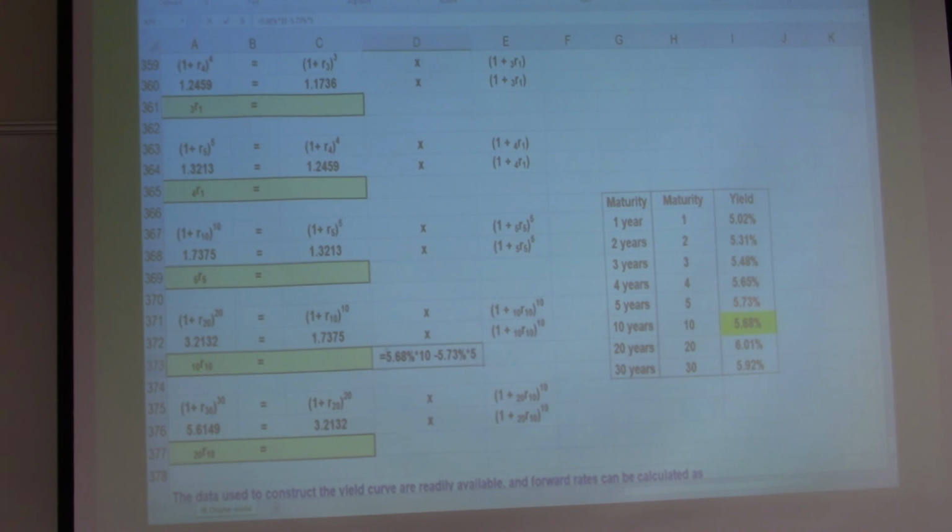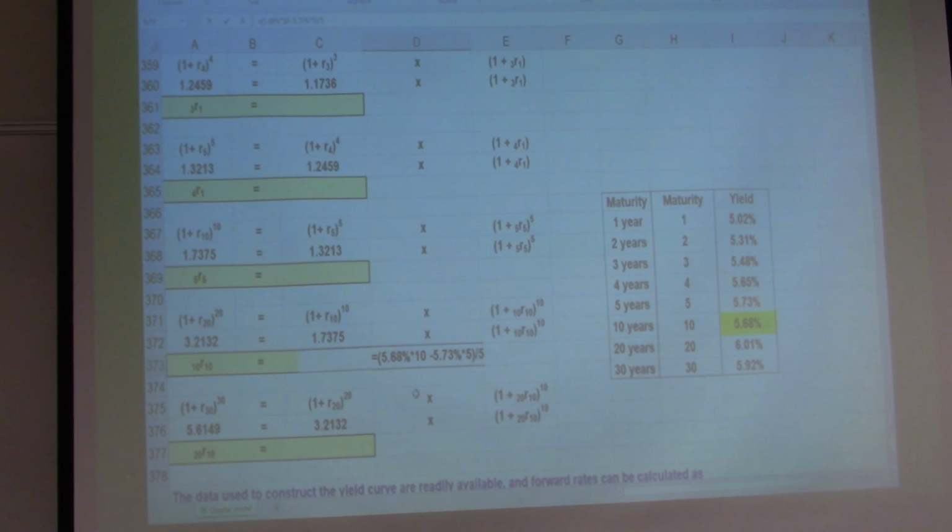Now this is the total return in 5 years, and then you divide it by 5. So this is an easy way, but we're not considering compounding. We just simply consider the interest rate for the whole 10-year period equals the interest rate for the first 5 years plus the interest rate for the last 5 years.